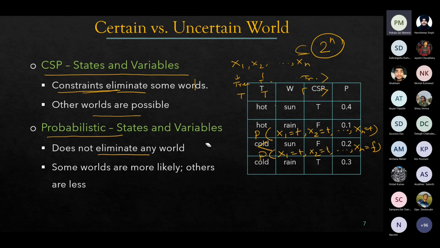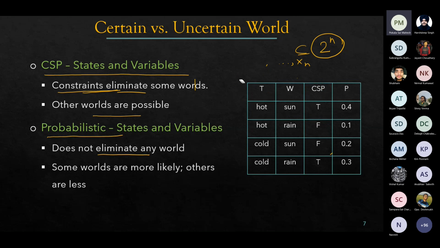One such example we can quickly talk about is where we have two variables: one is temperature, the other is weather. This particular example we will be using to illustrate the ideas going forward. The domain of temperature is hot and cold, and the domain of weather is sun and rain, right?